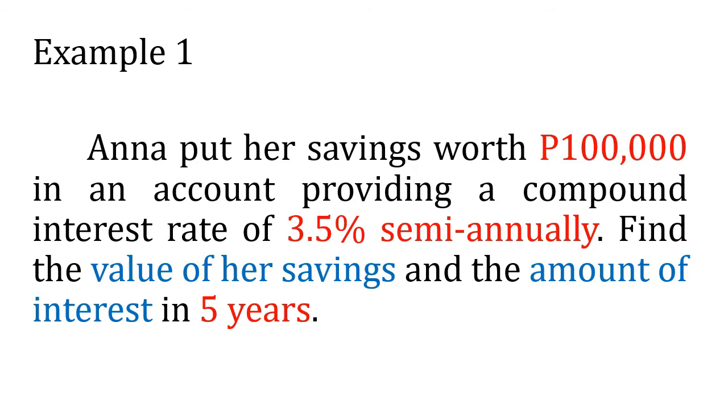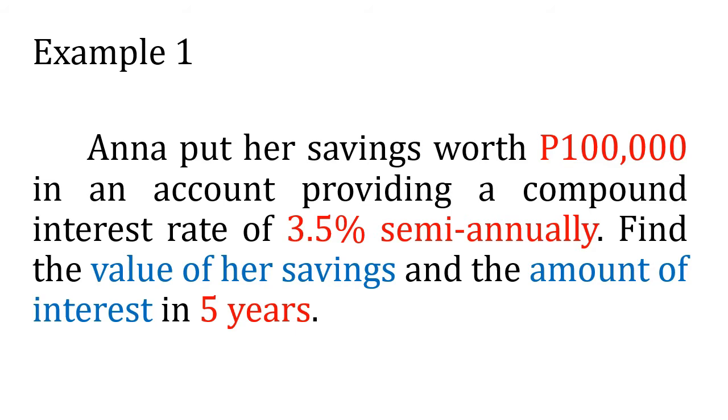The savings worth 100,000 pesos put in an account, meaning to say that 100,000 is the principal amount, providing a compound interest rate of 3.5%. So 3.5% is the interest rate. Semi-annually, so that's the compounding period. Semi-annually, so M is equal to 2.